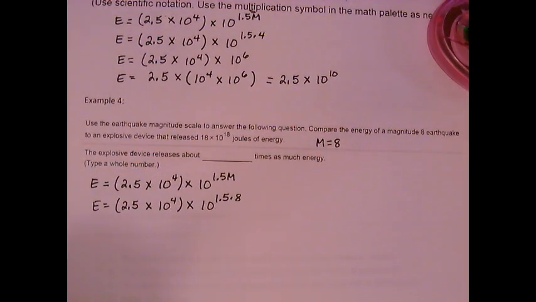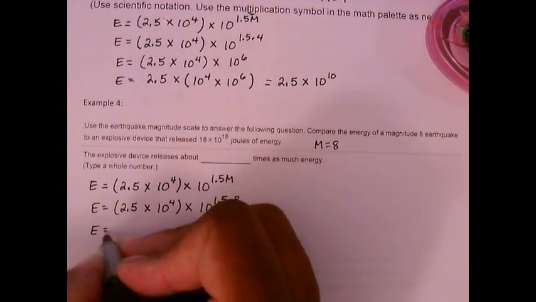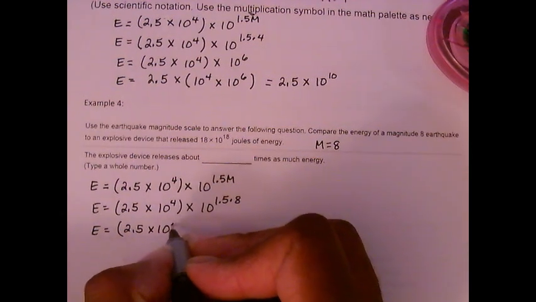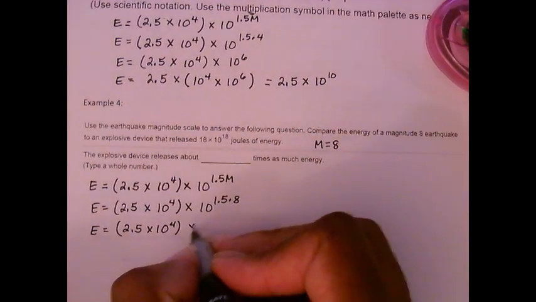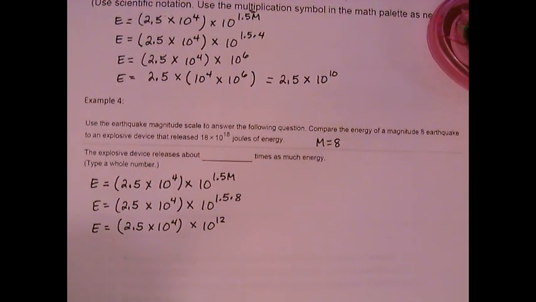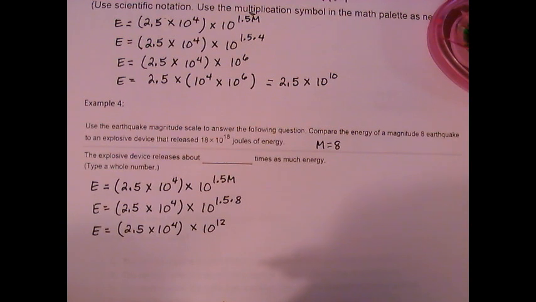And 1.5 times 8 will be 12. So I got E is equal to 2.5 times 10 to the 4th times 10 raised to the 12th power. That came from 1.5 times 8 giving me 12.